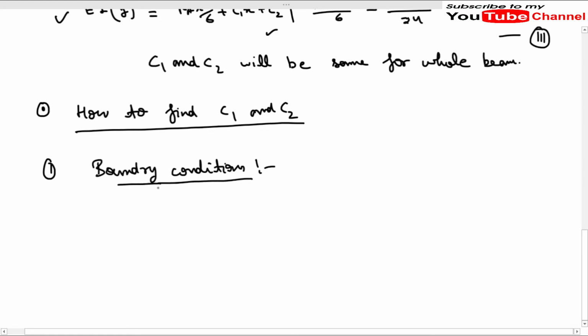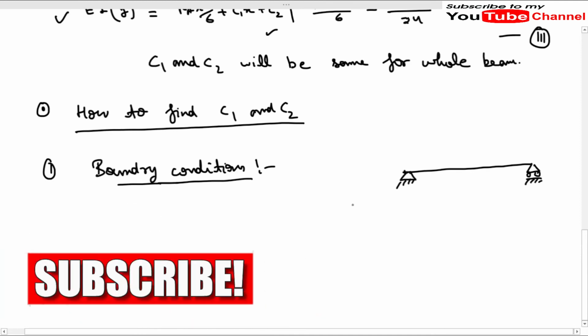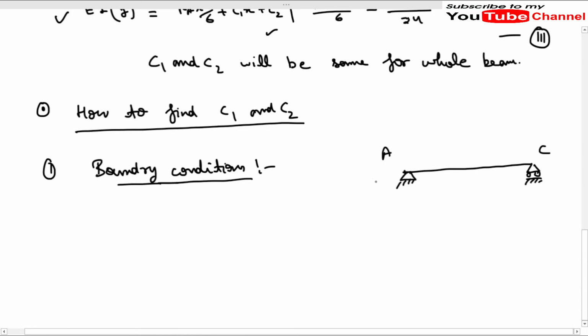Okay, so what are boundary conditions? We have taken a case of a simply supported beam. There is a pin support and there is a roller support. So this is our A and this is C. At A this is a pin support, and at C we have a roller support.